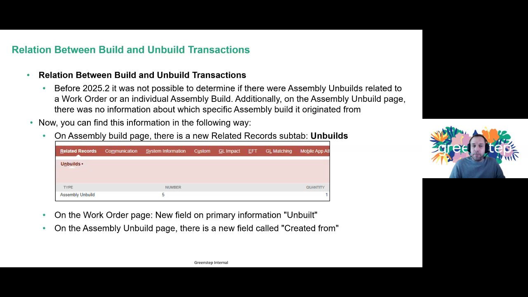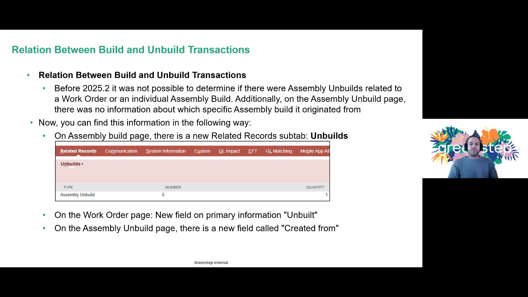On the assembly build page, there's a new subtab within related records called unbilled. On the work order page, there's a new field in primary information called unbilled. And on the assembly unbilled page, there's a new field called created from. So now we have all the relations there within this release.